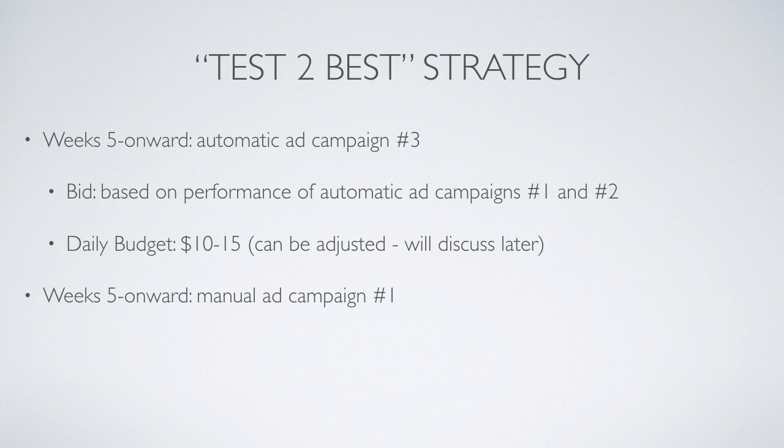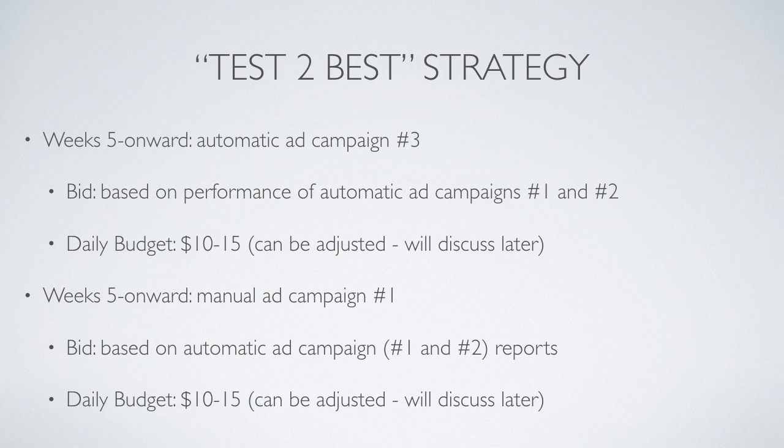But we're going to set up our first manual ad campaign, and the bid will be based on the performance again of our automatic ad campaigns numbers 1 and 2. We can download reports to get data on those automatic ad campaigns, again, which we'll get into a little bit later. And then we can set up the manual ad based on whichever keywords were the best performing. And daily budget also, it's going to be around $10 to $15, which we can also adjust later.